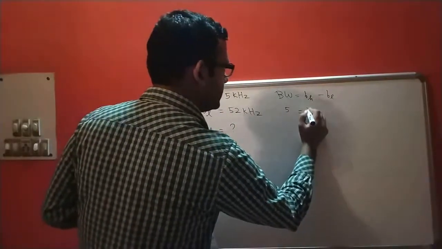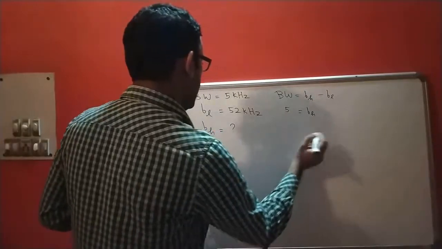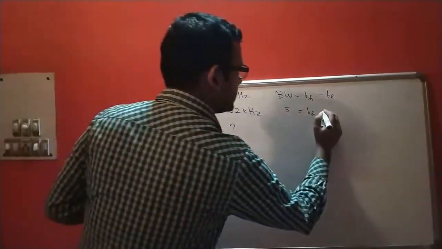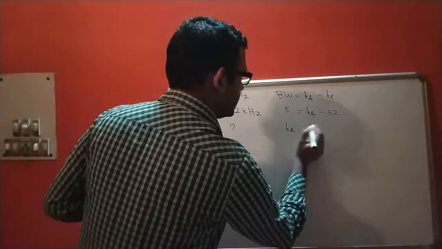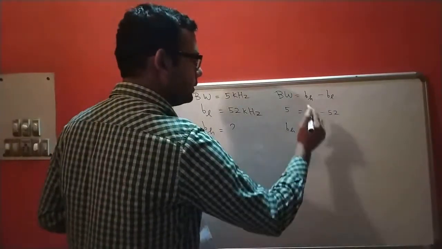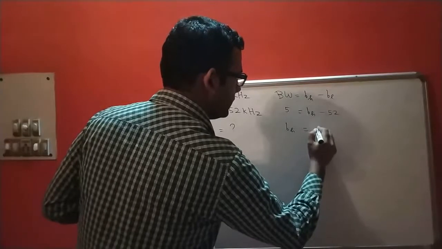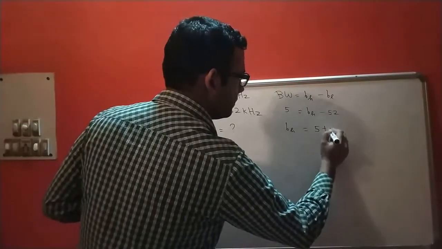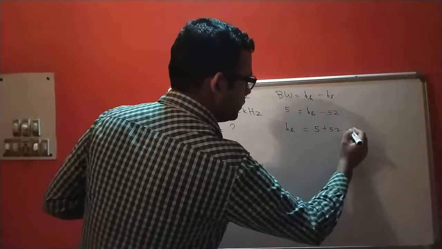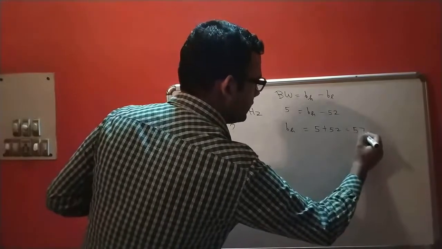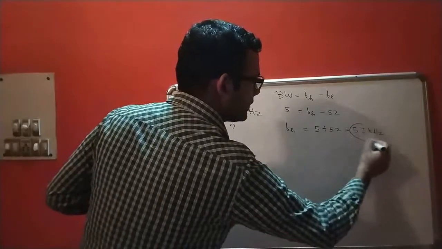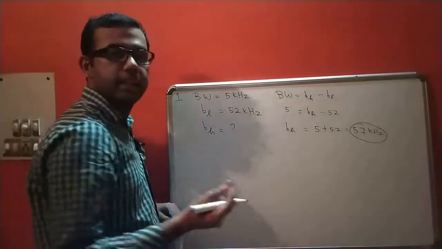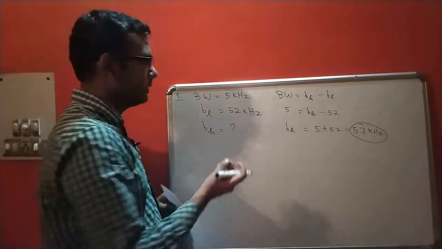The highest frequency is what we are being asked to find, and the lowest frequency is 52 kilohertz. So if you take the minus 52 to this side, you get highest frequency as 5 plus 52, which comes out to be 57 kilohertz. So this is my answer. 57 kilohertz is the highest frequency for this problem.